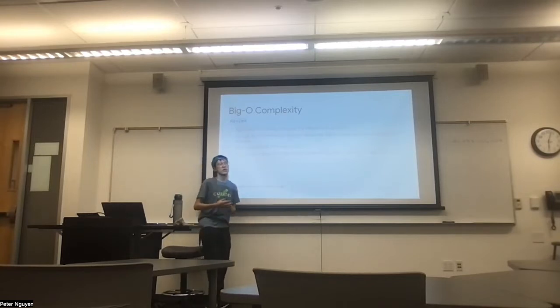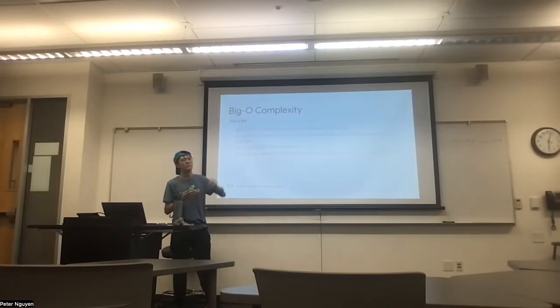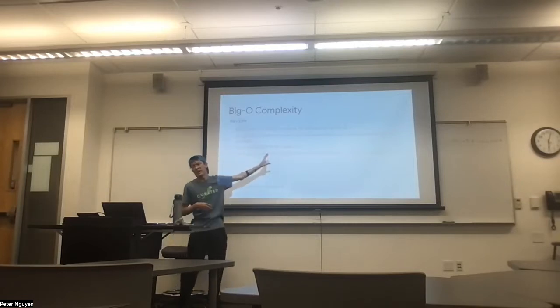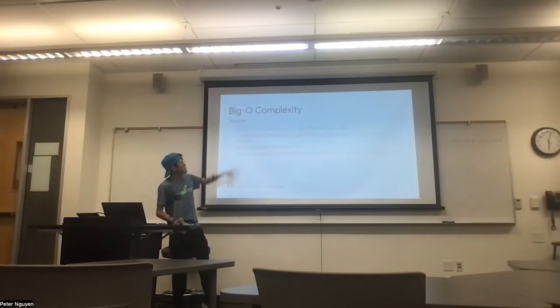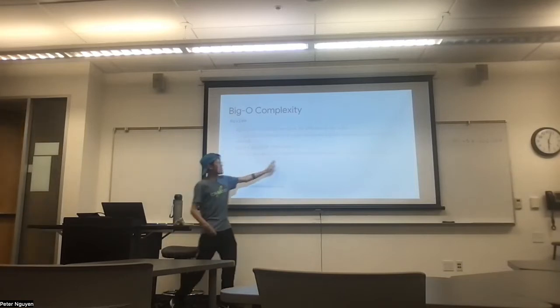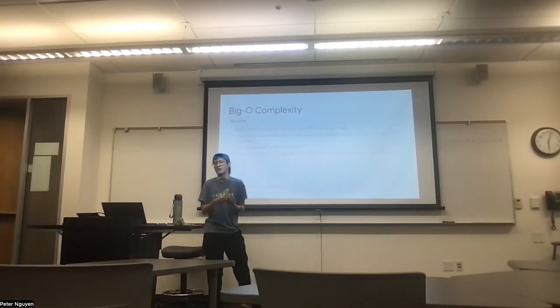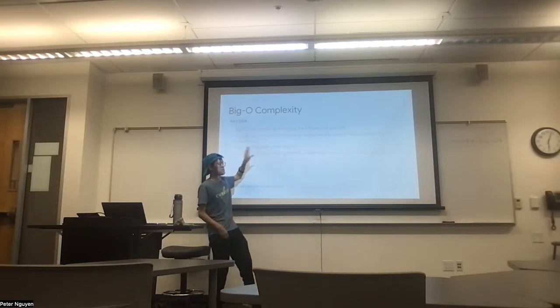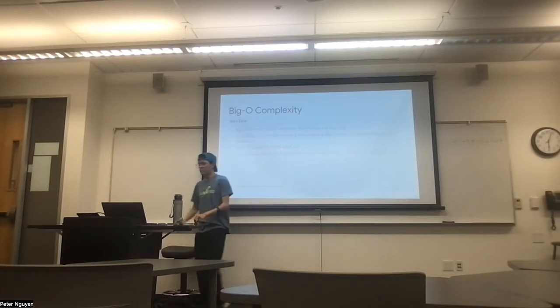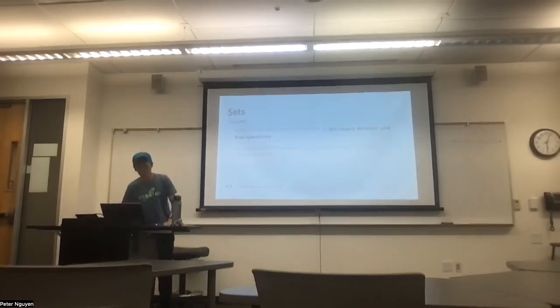Or if an input was, say, a number, like an integer n, then a big O would be based off that number. Now, when we're doing big O complexity, we only care about the highest exponent. So for example, if we do n squared plus n plus 1 operations, we only care about the n squared. Nothing else is included.